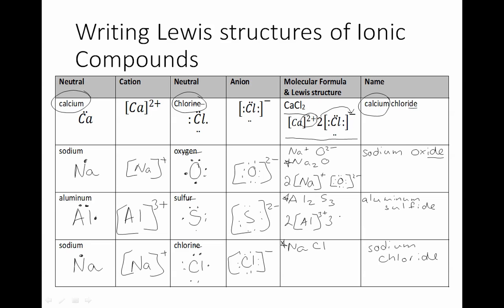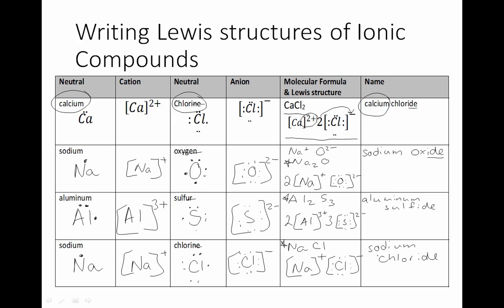And then there are 3 sulfurs. So S, 1, 2, 3, 4, 5, 6, 7, 8. And that's how you write the Lewis structure for aluminum sulfide. Then sodium chloride. Draw it with all 8 electrons around it, and you're done. And there's only one of each.